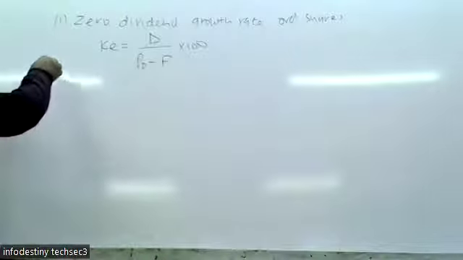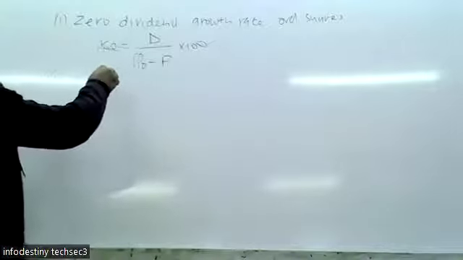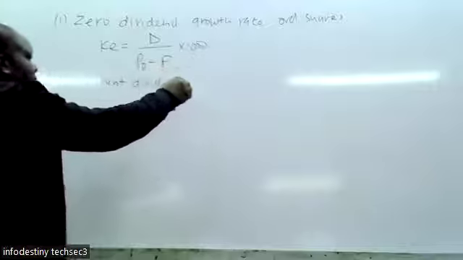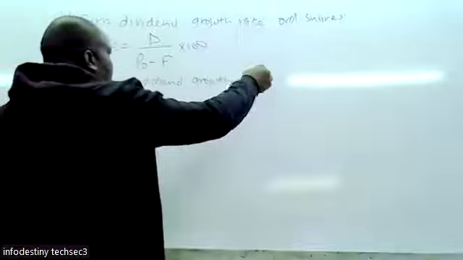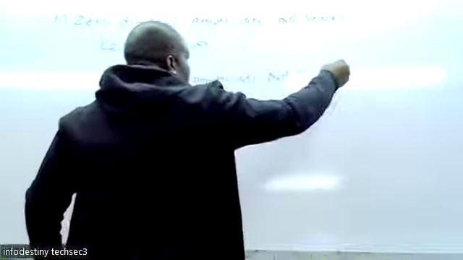Now we go to Roman letter 2, which is constant dividend growth rate ordinary shares.